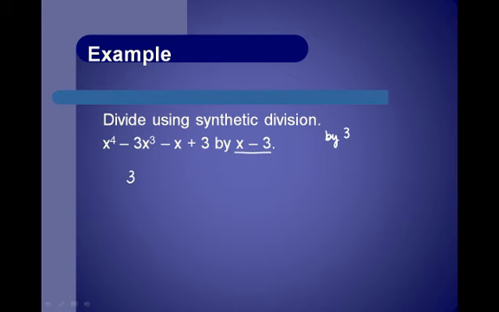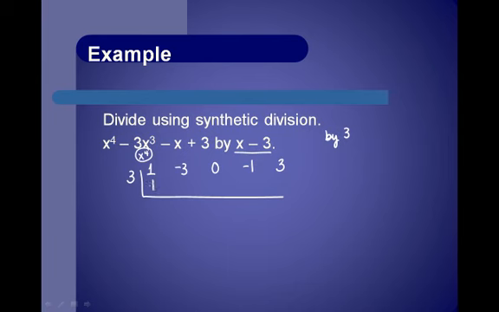So a 3 goes on the outside. Now when we set up our problem, we start with the highest power. So that's 1. Again, I'm going to note that the highest power is x to the fourth. So then we've got our x to the third column. Notice we don't have an x squared column, so we're going to fill that in with 0. Our x column would be -1. Our no x column would be 3.